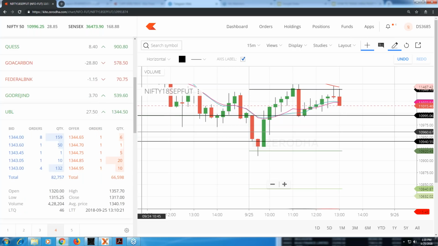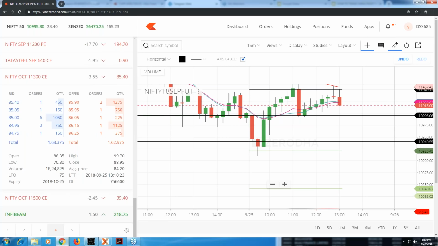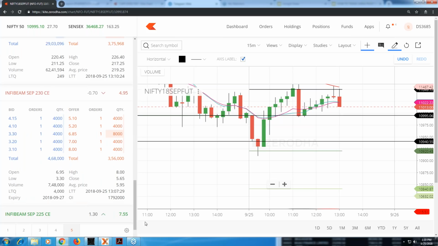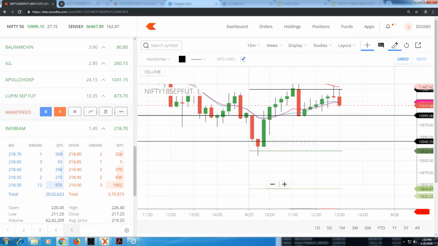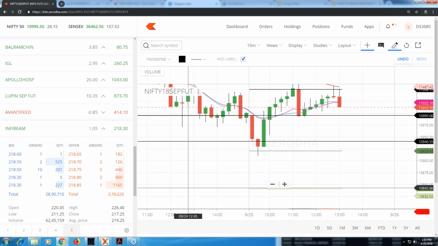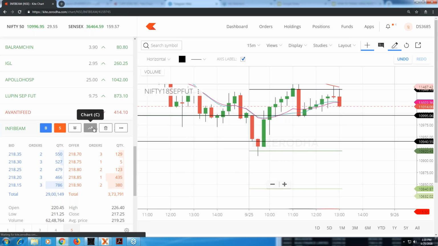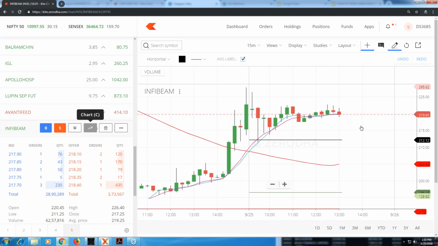And Infibeam also in the morning gave a good opportunity, and we booked our profit. The second entry came, but it didn't hold itself. If you look at the accuracy with which I am giving trades, I don't think anybody is even close to the accuracy with which I provide the trades.